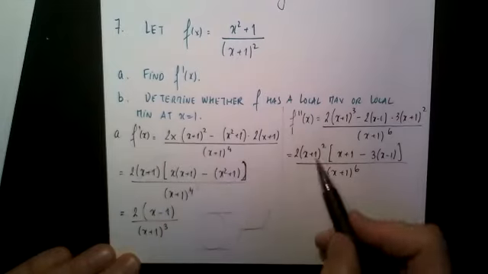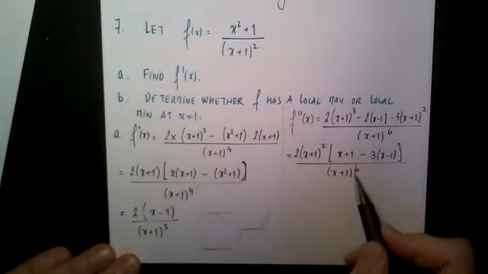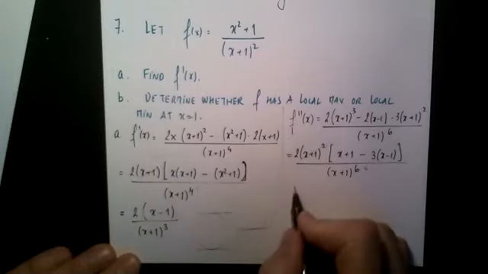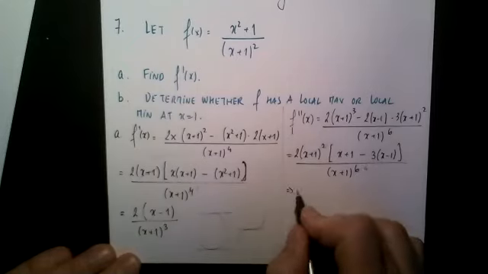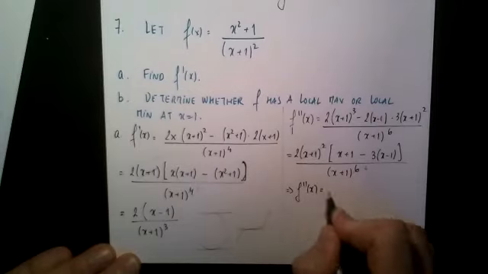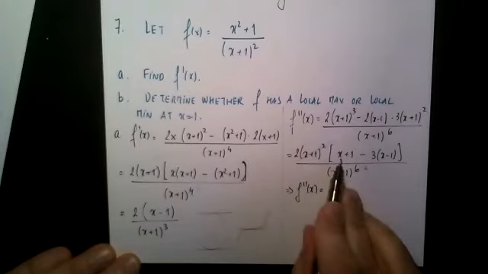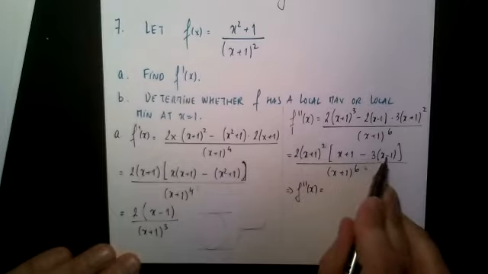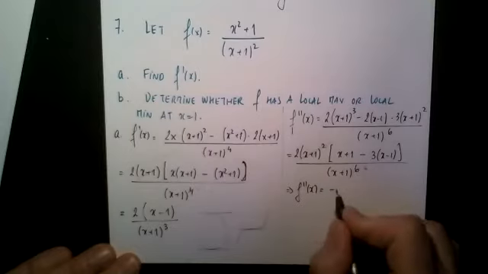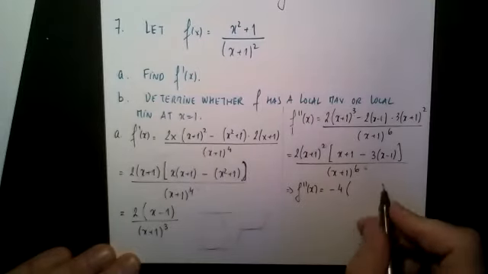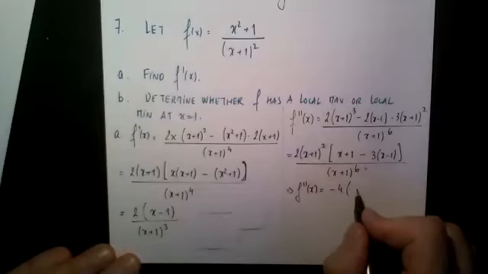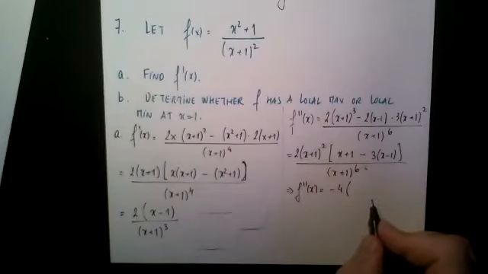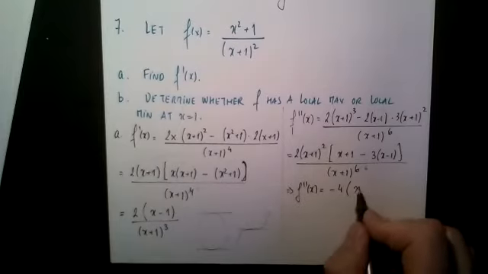And again, I could simplify the x plus 1 to the power of 2, and this will become a 4. So f prime prime of x is, x minus 3x is negative 2x, so I have negative 2x plus 2, pull out a negative 2, so negative 4 times x minus 2.